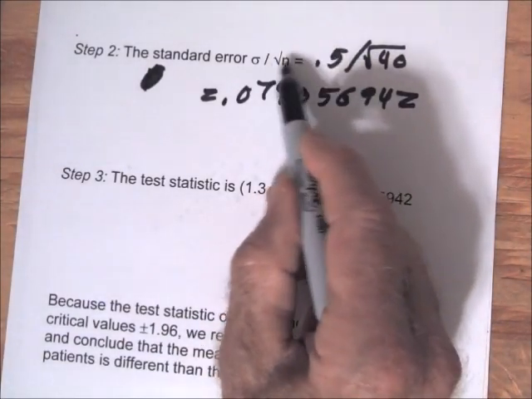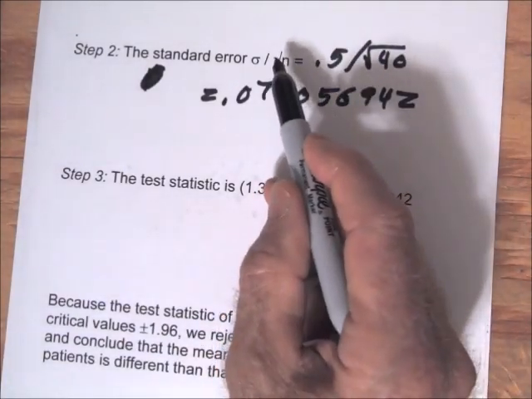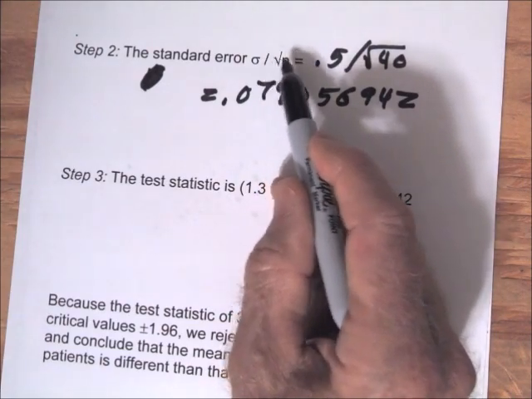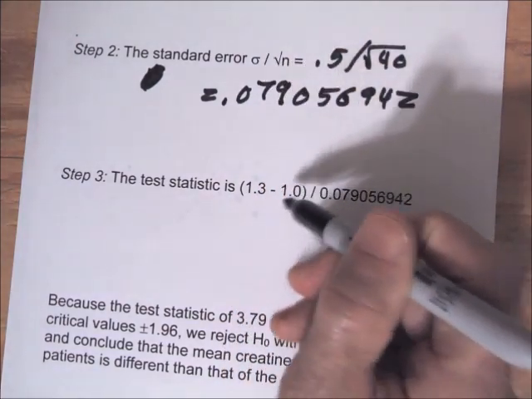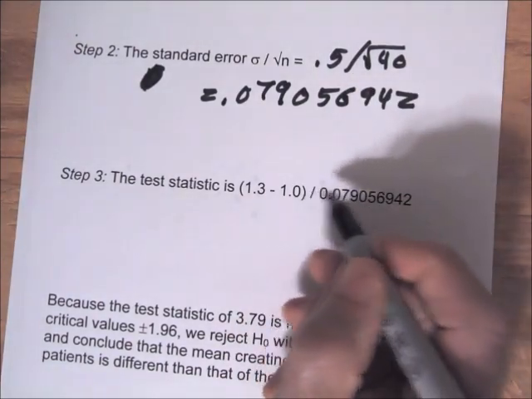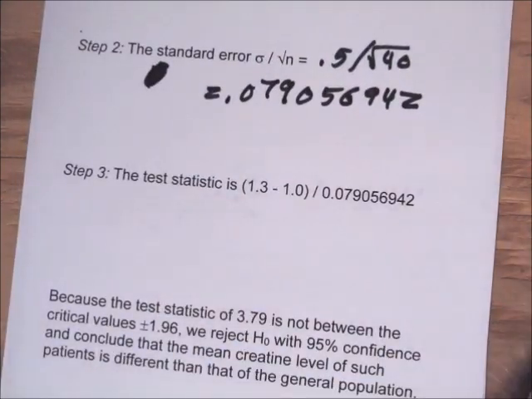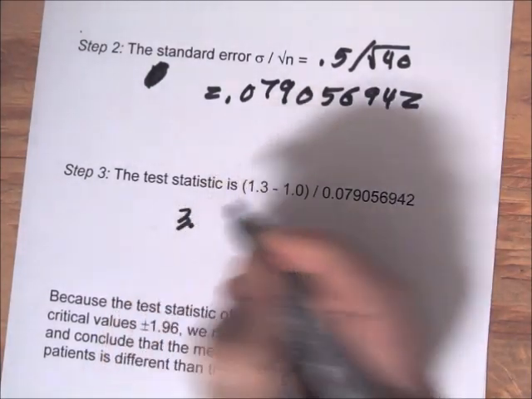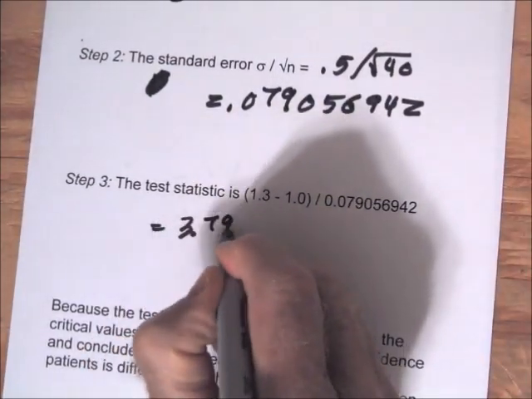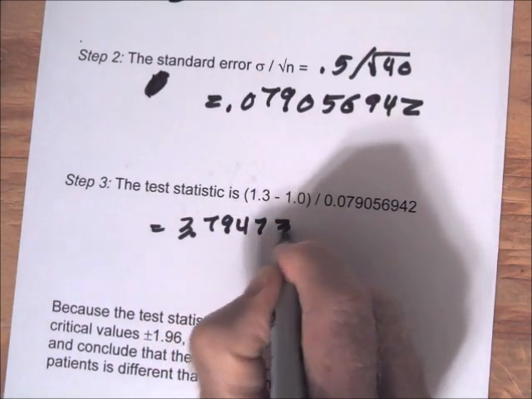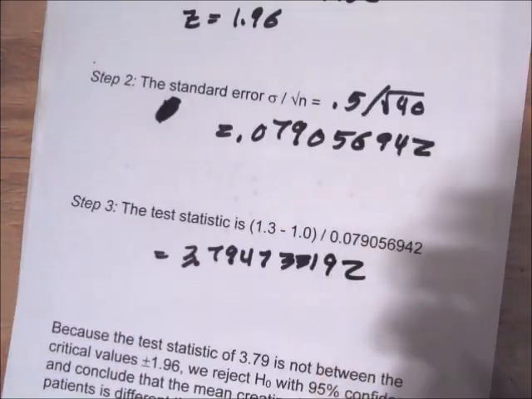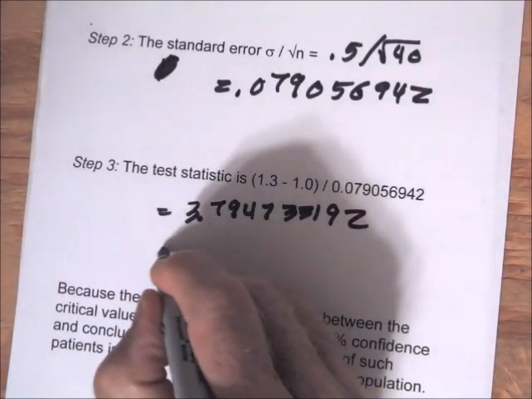This is the standard deviation of x bar, which is lower than the original standard deviation. So 1.3 minus 1.0 divided by the 0.079 something. So it's 3.79 something. Let's say approximately 3.79.